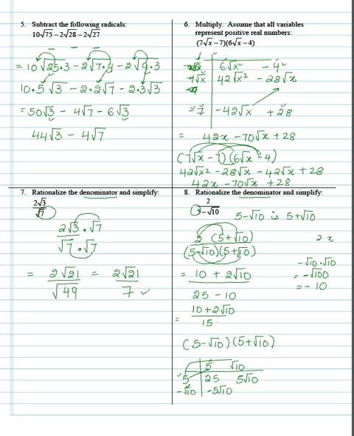Negative radical 10 times radical 10 is negative radical 100, that is negative 10. You see that the positive 5 radical 10 and negative 5 radical 10 cancel out, 25 minus 10 is 15. So even if you FOIL, you will still get the same answer. But whenever you have conjugates, to save time, you simply multiply the first times first and the last times last. All right?